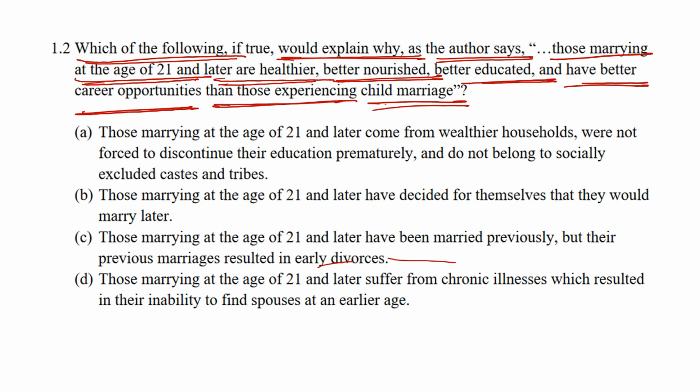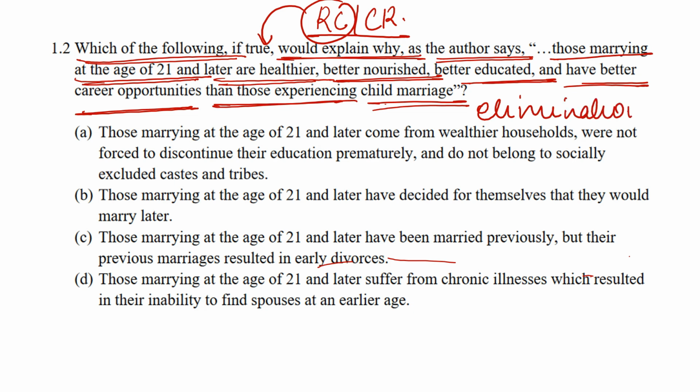Now you can put this in any category, RC or critical reasoning. I think more so RC, right? Because that kind of reading comprehension question is very easy to solve. You could have solved it by way of elimination. After watching this video, go ahead and try to solve such types of questions from the sample paper.